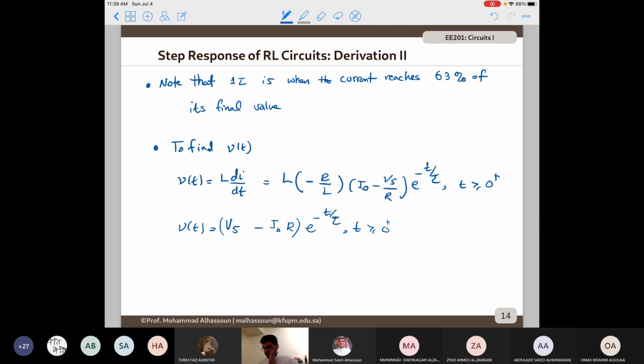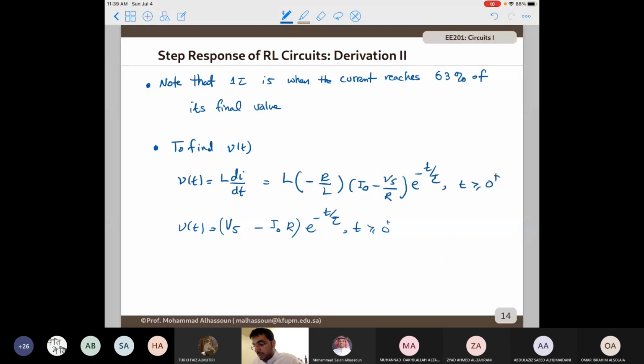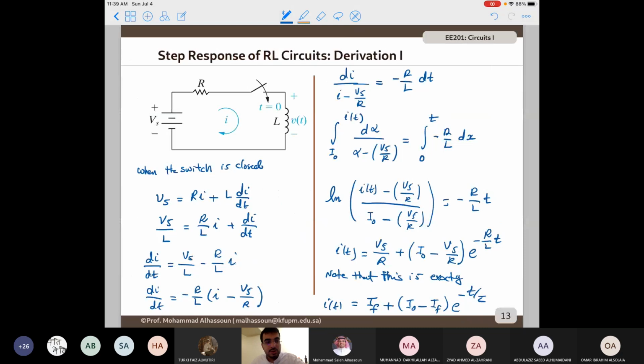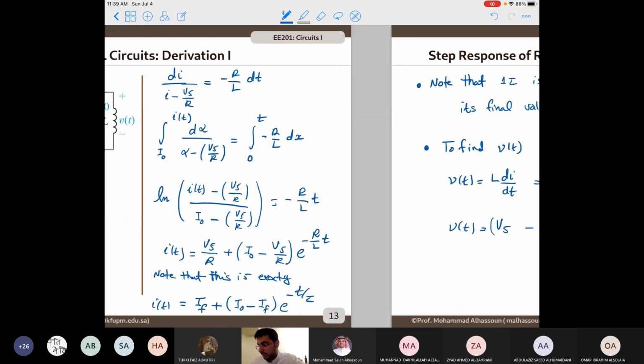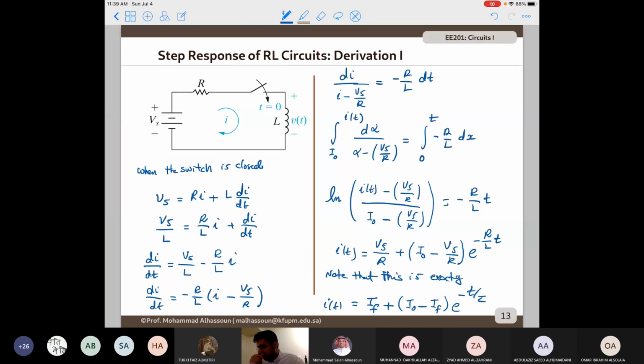Okay, so that's it for today. Just remember what we did. We started with the natural response of a parallel RC circuit. Then we moved to the step response. What happens if we have a source and all of a sudden we connect the source to a series RL circuit? And we showed that we have a systematic way of solving this problem.